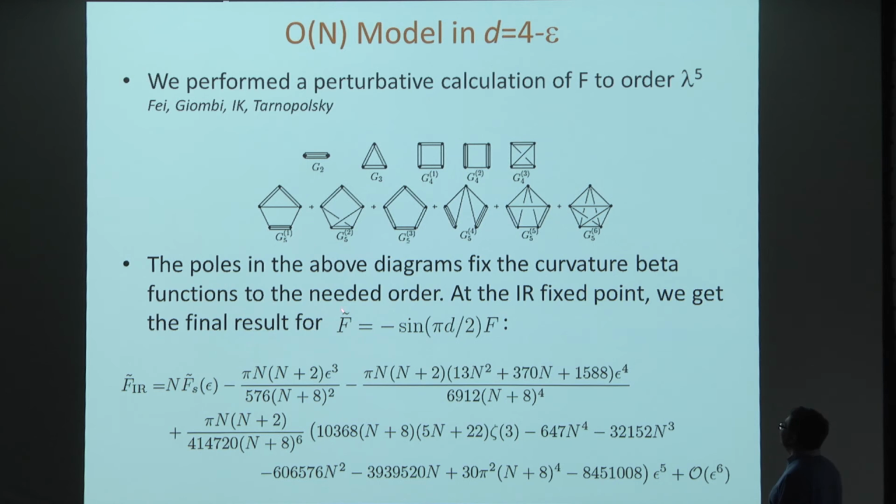Just to show you how hard some people at Princeton work, this is for the O(N) model to some insanely high order. You get up to epsilon to the 5th order. This actually is insanely hard work, because in addition to computing these diagrams, you need the curvature counterterms.